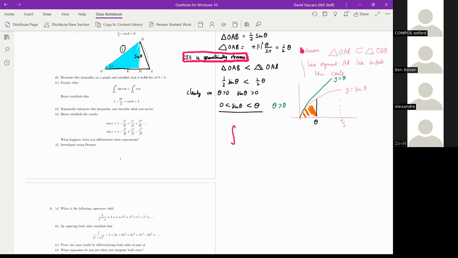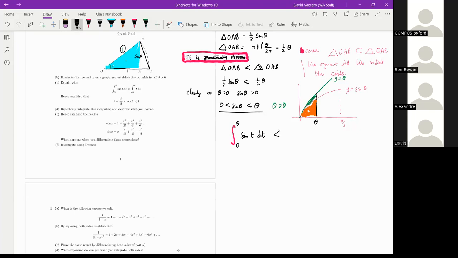So I'm just going to look at this area here, that if I integrate from 0 to theta of sine t dt, then this orange area is contained within this green area. So this integral is less than the integral from 0 to theta of t dt.